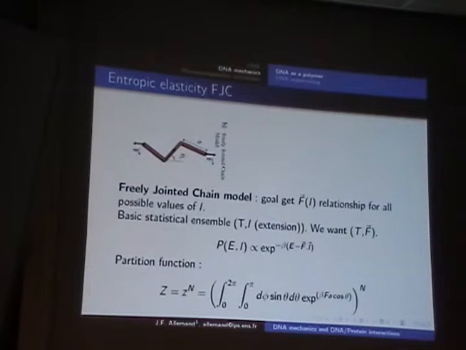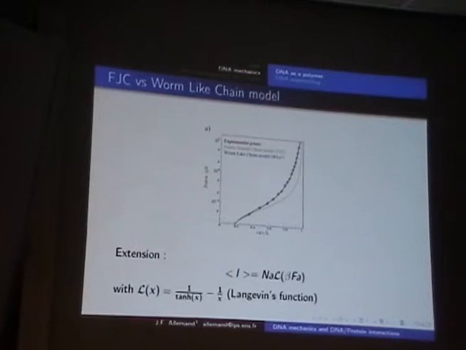But the most important thing, because you may have already done the calculation for the Langevin paramagnetism, is that you get exactly the same result, and the result is the Langevin function.